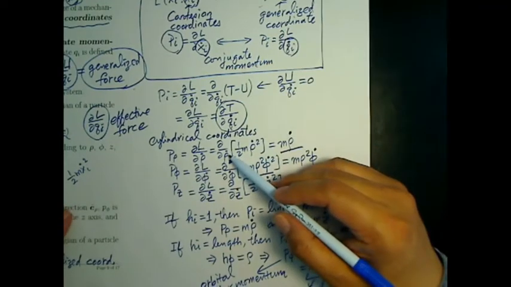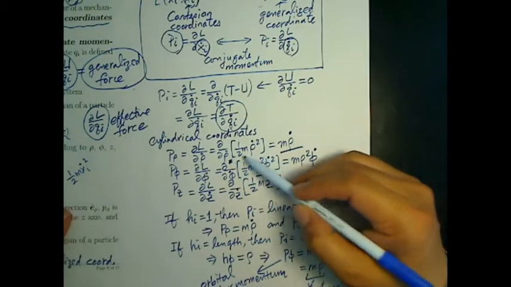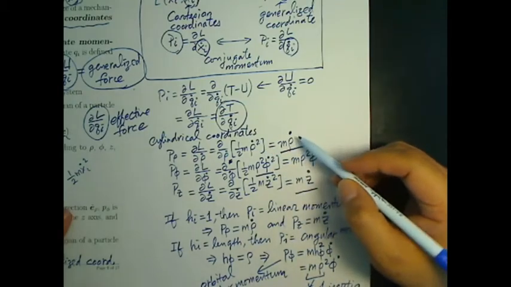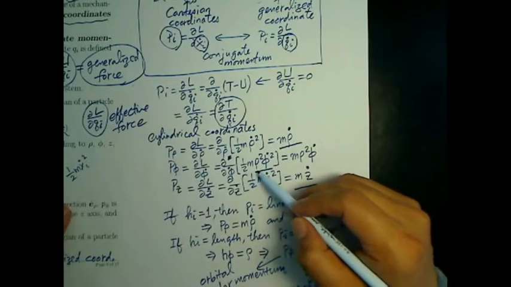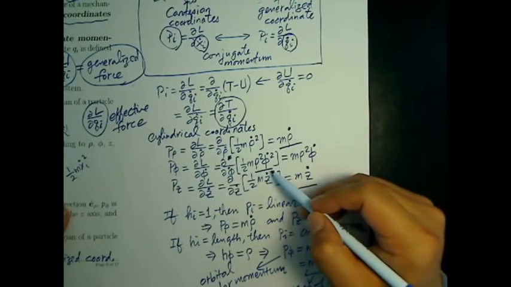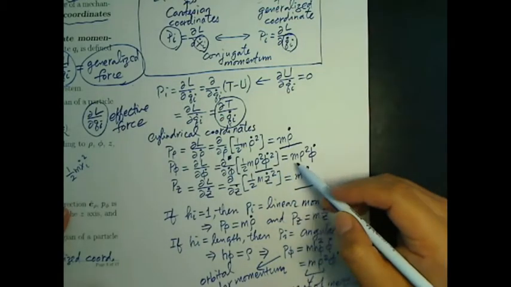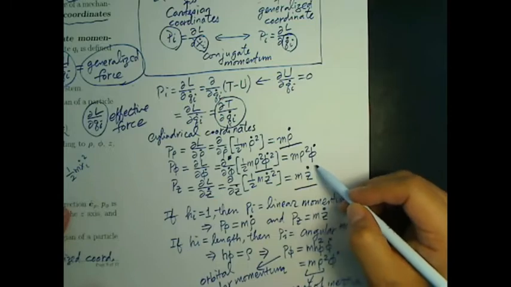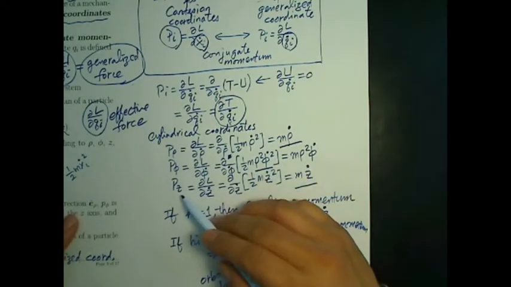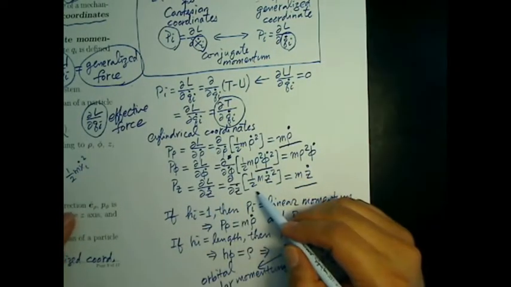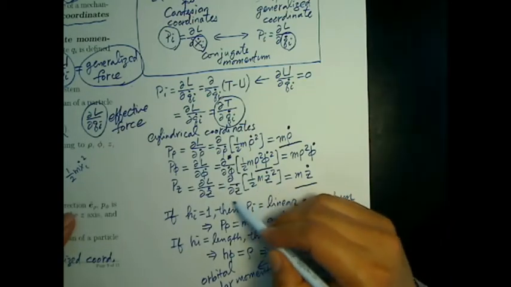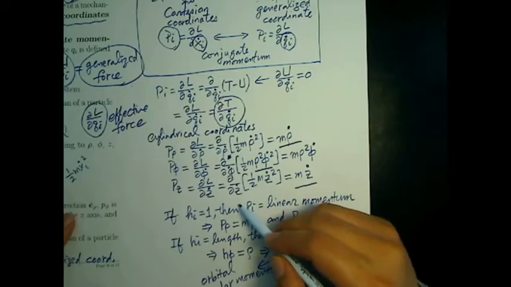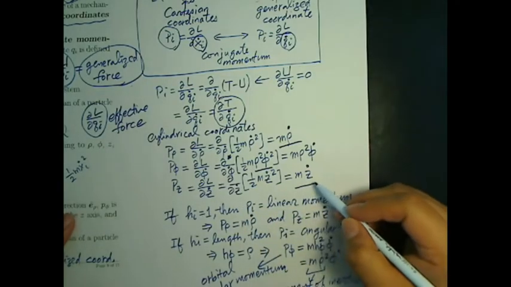If I take the rho dot derivative, it is just m rho dot. The phi dot dependent kinetic energy is 1/2 m rho squared phi dot squared, and the result is m rho squared phi dot. The z dot dependent kinetic energy is 1/2 m z dot squared, and the partial derivative with respect to z dot is m z dot.